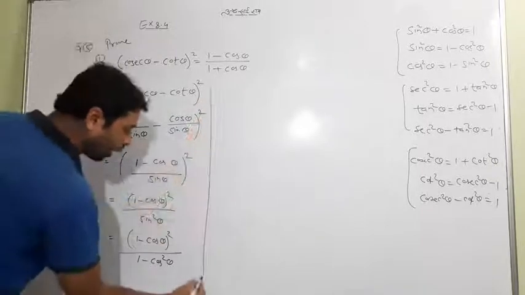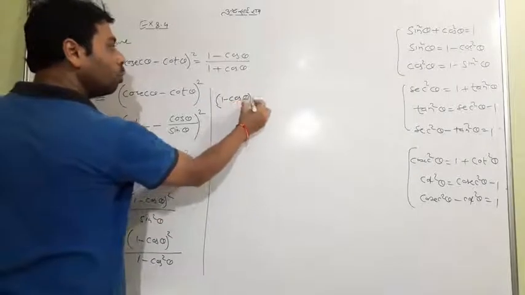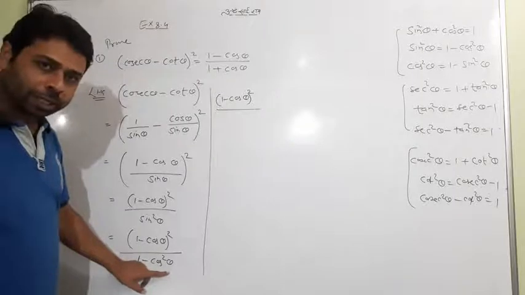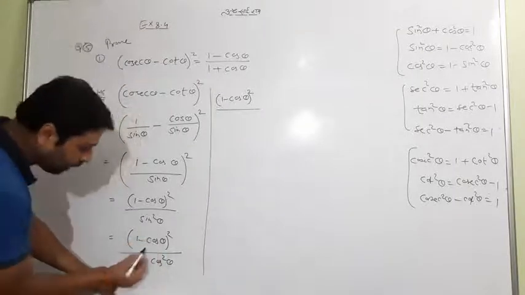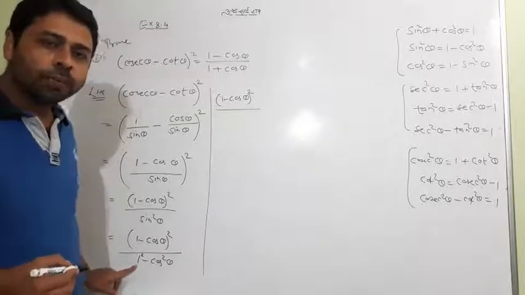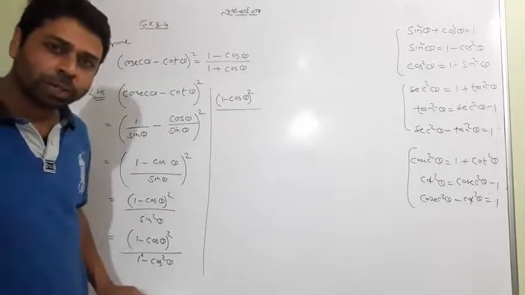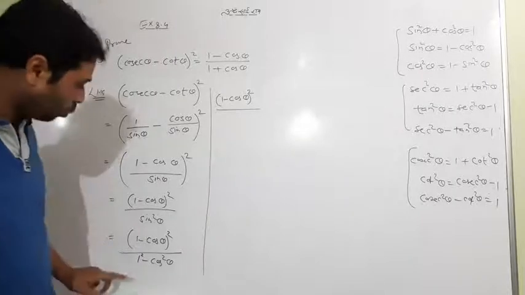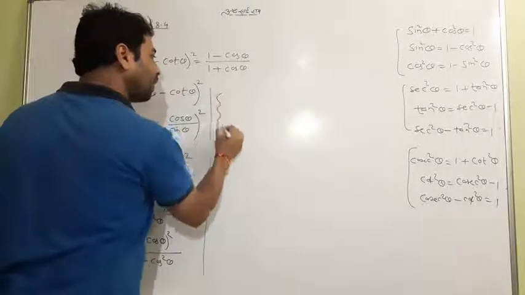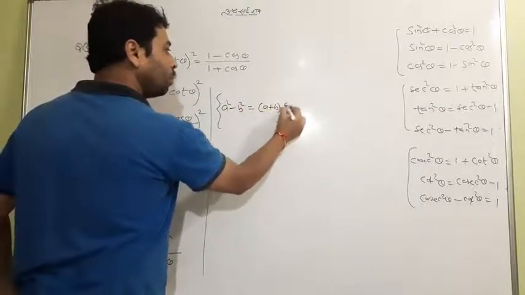Further, it is 1 minus cos theta whole square upon 1 minus cos square theta. Actually you can think of 1 as 1 square. Now see the formula: a square minus b square is a plus b into a minus b.